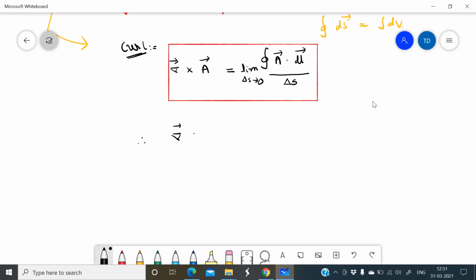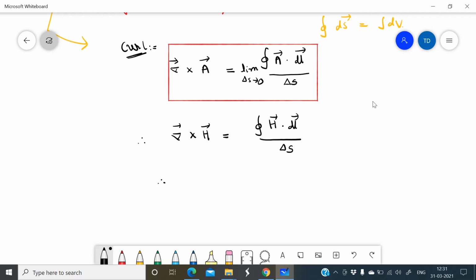So I can write del cross H is the closed line integration of vector H dot dl divided by delta S, in the limit as delta S tends to 0.